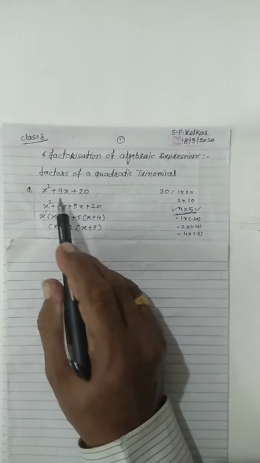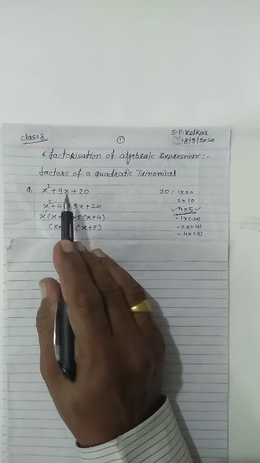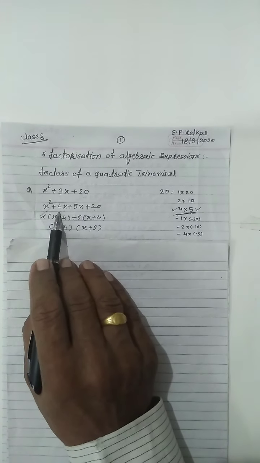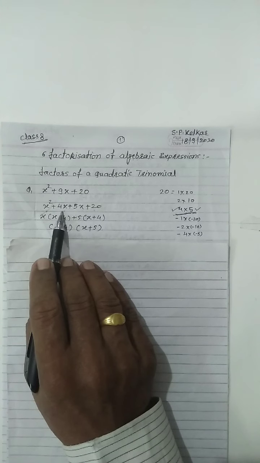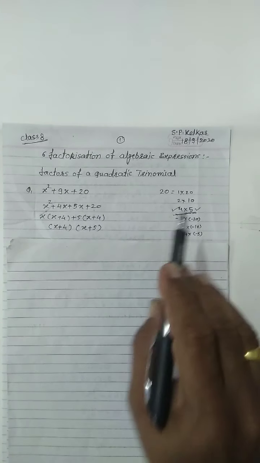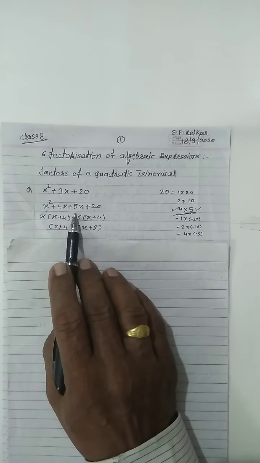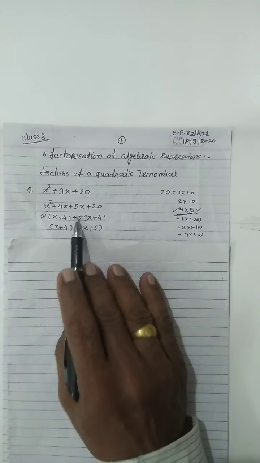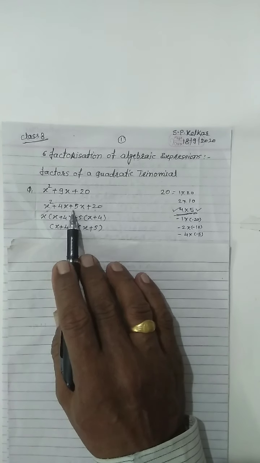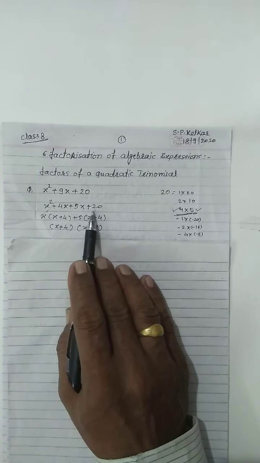Then write down x square as it is. Then split up this 9x into two terms, 4x plus 5x, so x square plus 4x plus 5x plus 20.